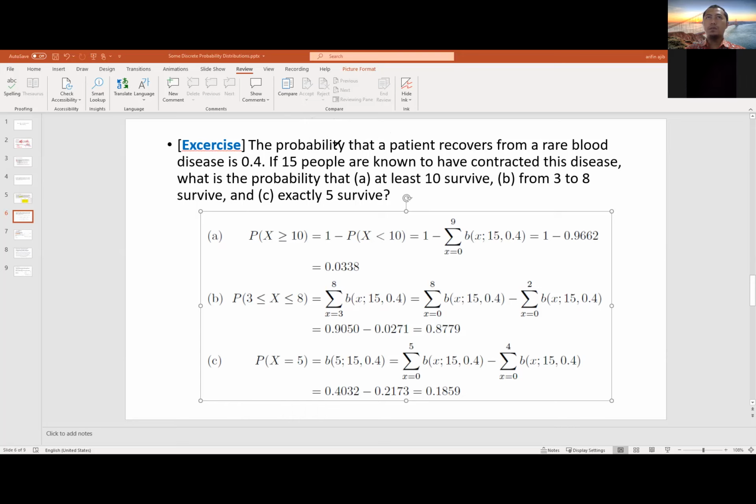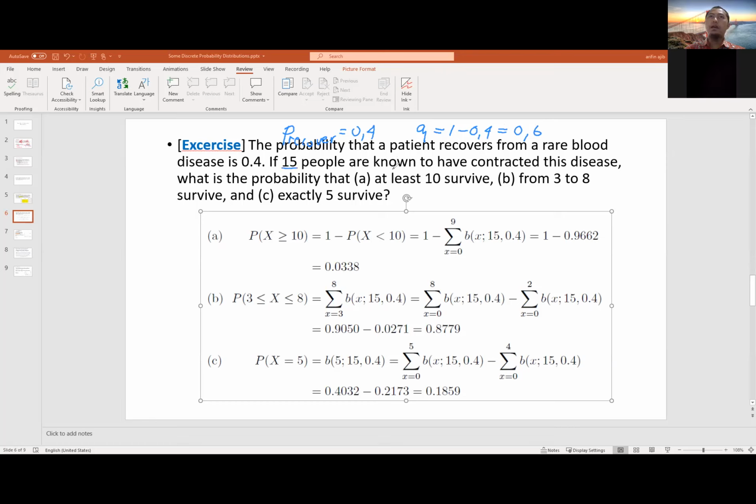The probability that a patient recovers from the rare blood disease, let's say P, the probability of success or recovery, is equal to 0.4. And the probability of not recovering is Q, which is 1 minus 0.4, of course, and the result is 0.6.